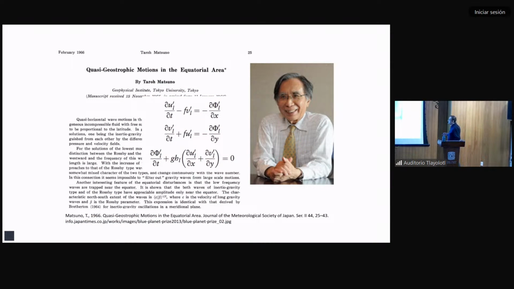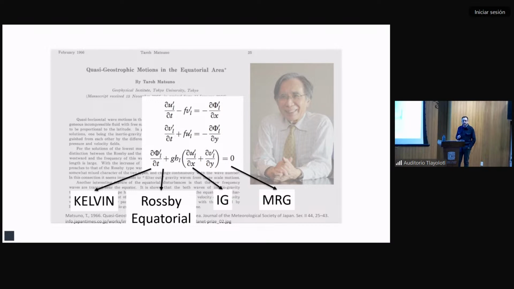So Matsuno simplified the equations, and using these equations, he showed that the only possible theoretical solutions to these equations of motion are certain kinds of waves. Actually, just a very few kinds of waves. The solutions are the Kelvin wave, the equatorial Rossby wave, the inertial gravity wave, and the mixed Rossby-gravity wave.